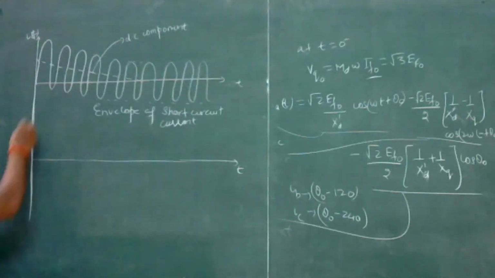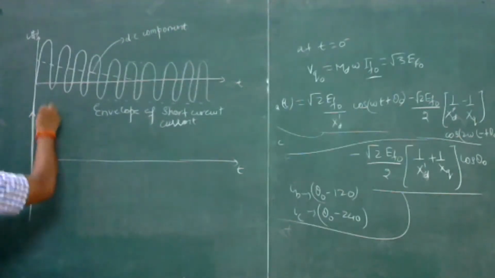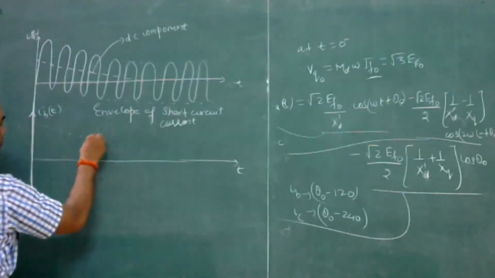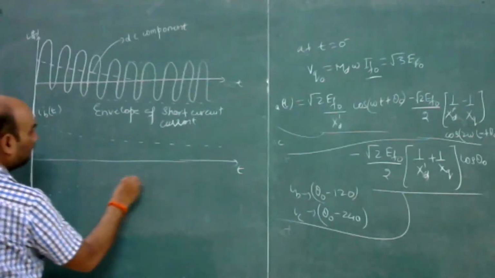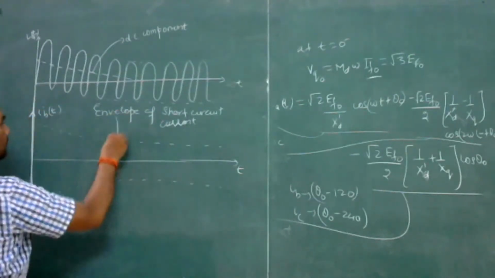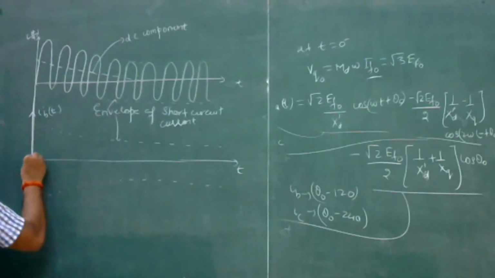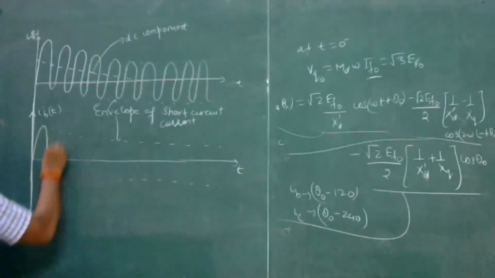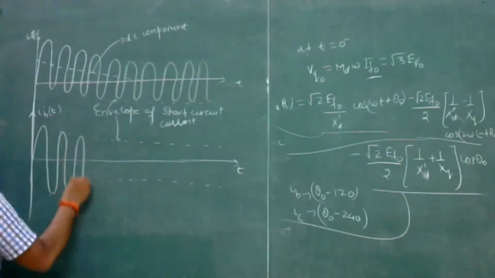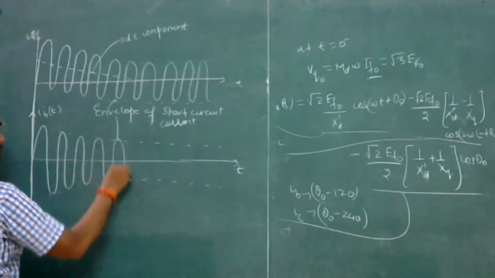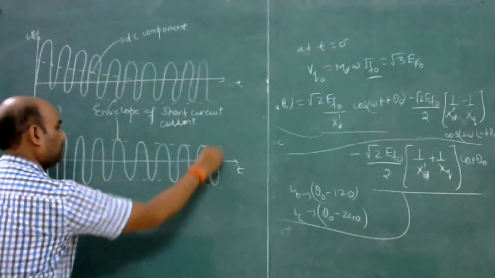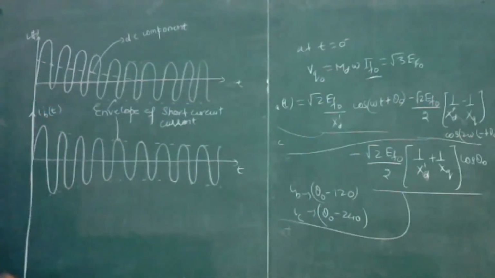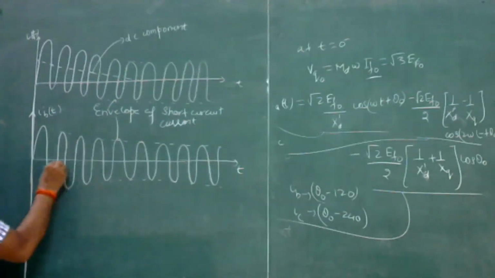Similarly, we can talk about iB(t). This will be the envelope of the short circuit current, and this is the DC component.